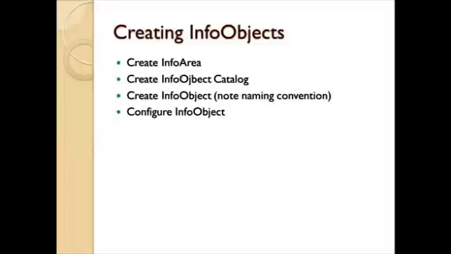In fact, by convention, any object that begins its name with 0 is one supplied by SAP. So 0 something is an SAP object. You never want to use 0 or other numbers to begin the name for your object.